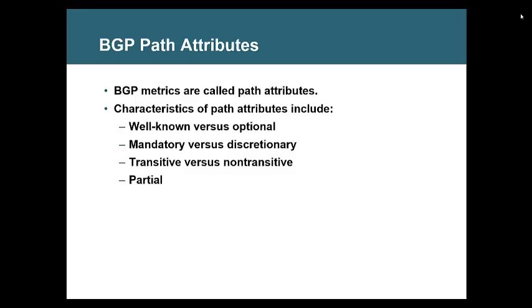To understand that, the attributes are classified and categorized under 4 different groups: well-known mandatory, well-known discretionary, optional transitive, and optional non-transitive.